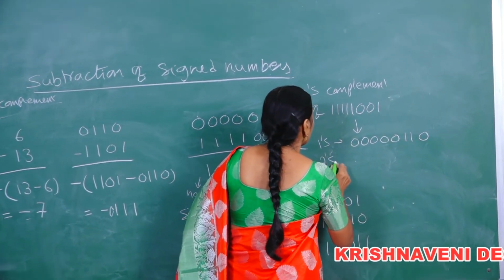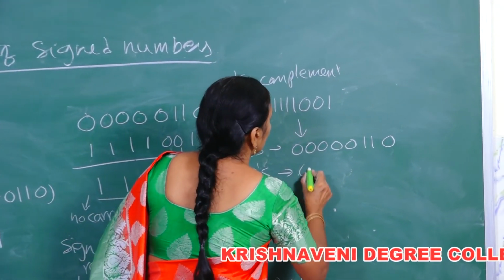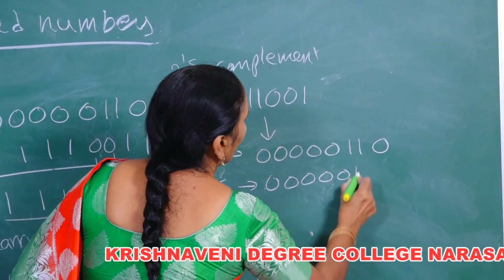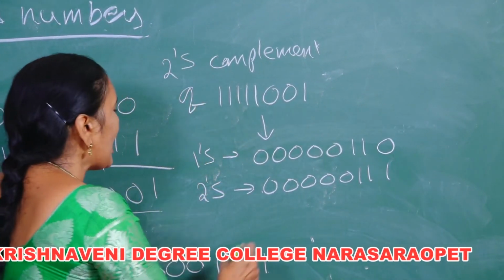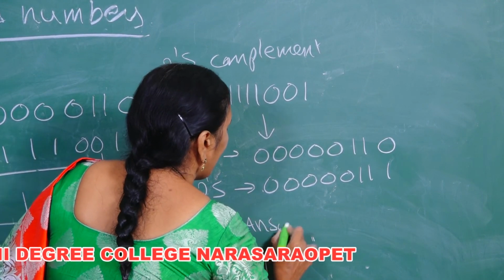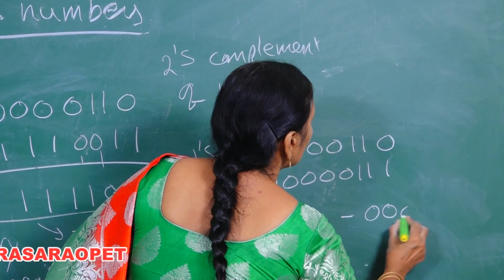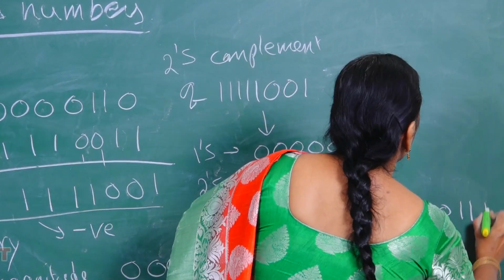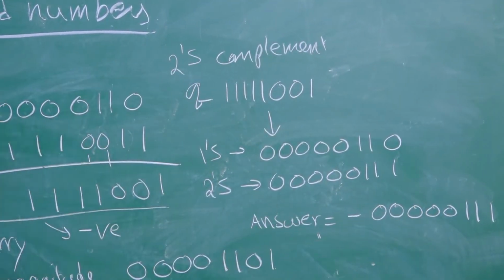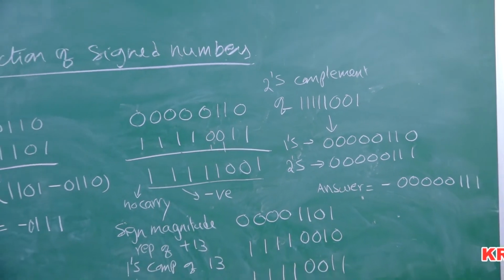The 2's complement will be 0, 0, 0, 0, 0, 1, 1, 1. As I have recomplemented, I have to add a minus sign, minus 0, 0, 0, 0, 0, 1, 1, 1. So, which is nothing but a negative answer.